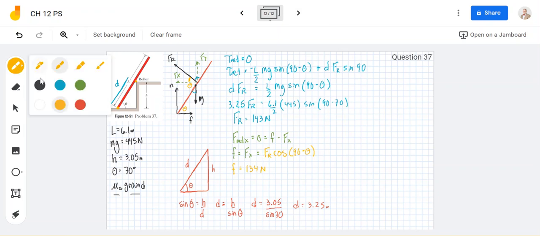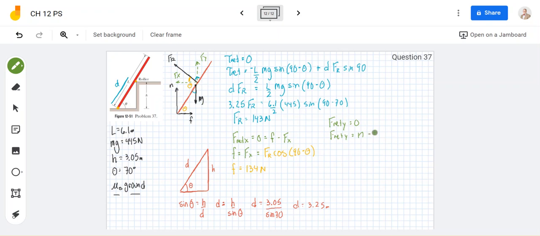All right, and let's do the F net in the y direction. It's equal to 0. So we got a normal force, which is what we're going to solve for.